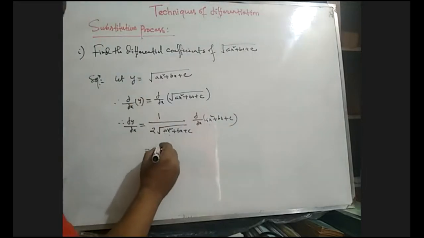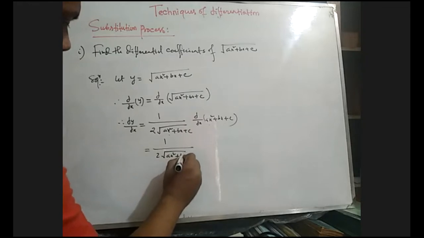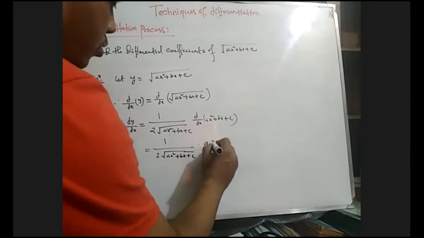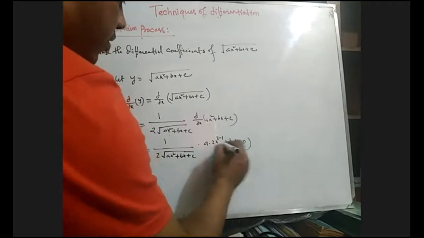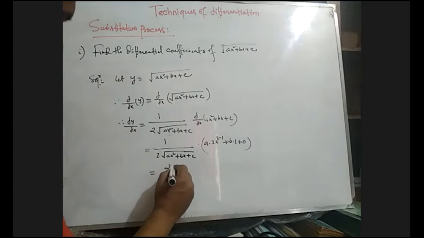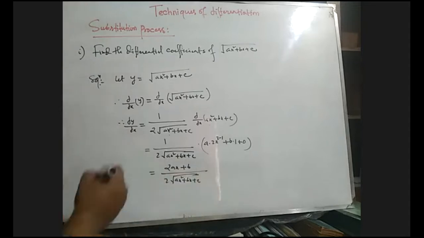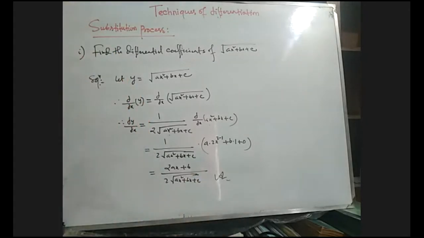Now this means 1 by 2 root over ax square plus bx plus c. Now this differentiation what will be? a into 2 x to the power 2 minus 1, plus b into 1, plus c means what? Differentiation 0. So therefore we get twice ax plus b divided by 2 root over ax square plus bx plus c. Actually this is the method of substitution process.